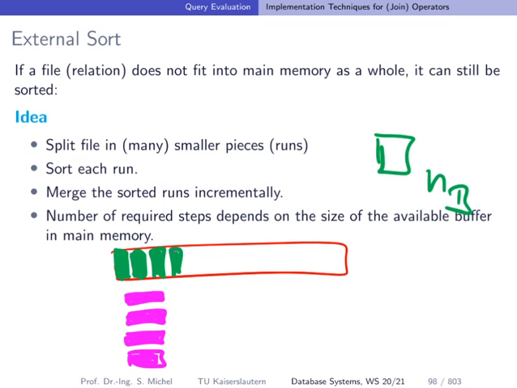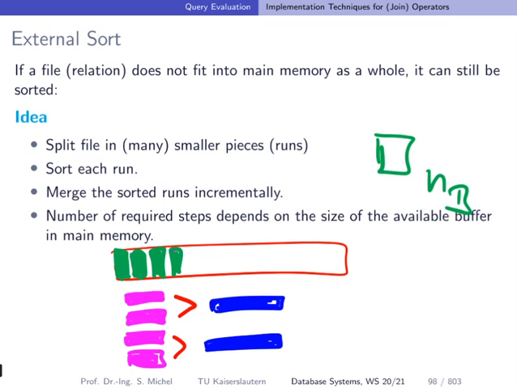External sort proceeds by taking, in this example, 2 of these runs and merging them into a longer merged run. We do this for the other 2 as well, and we get a sorted longer run based on runs 3 and 4.